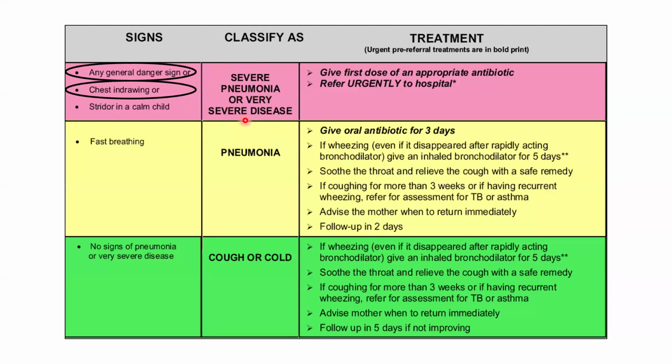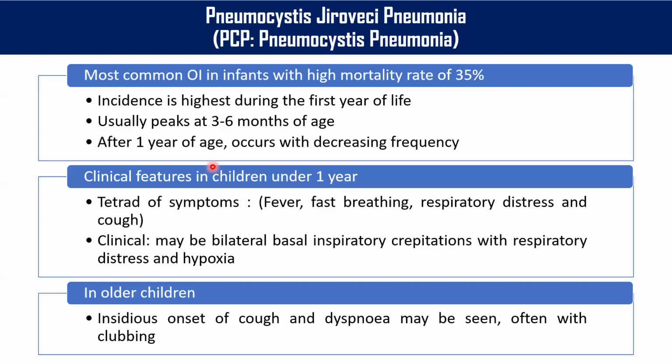This is how you classify. Only fast breathing, no general danger signs, no chest indrawing: it is pneumonia. No fast breathing, no indrawing, no danger signs: then it is no pneumonia, just cough and cold. Based on this, you can diagnose these patients. So this child has severe pneumonia or a very severe disease.